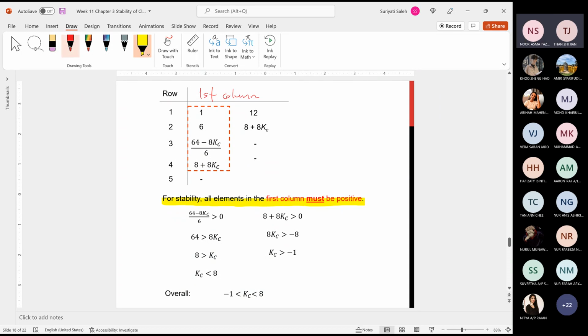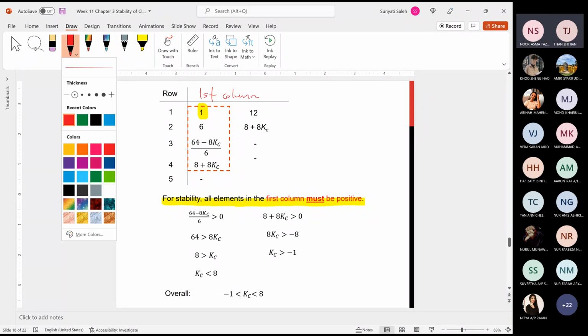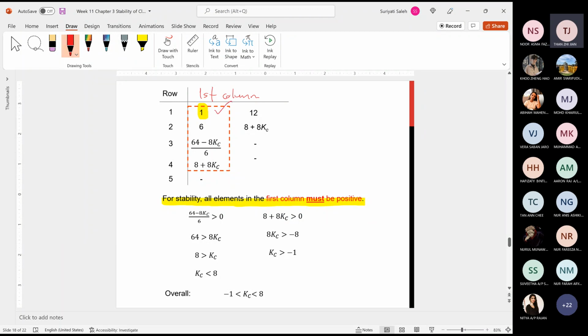So row 1 contains the number 1. So this one is stable. Row number 2, you get 6. Still positive, stable. Row 3, we don't know the value because KC is unknown.